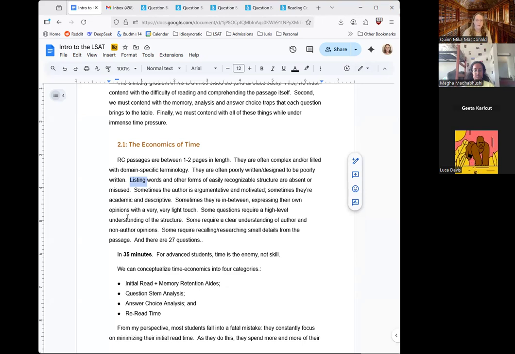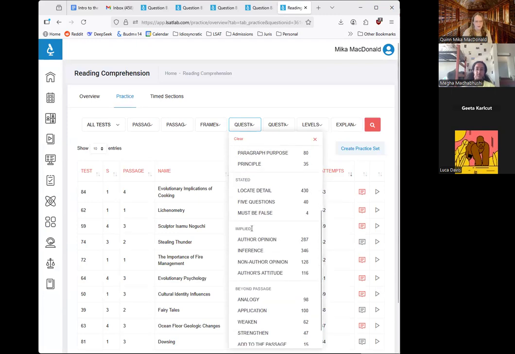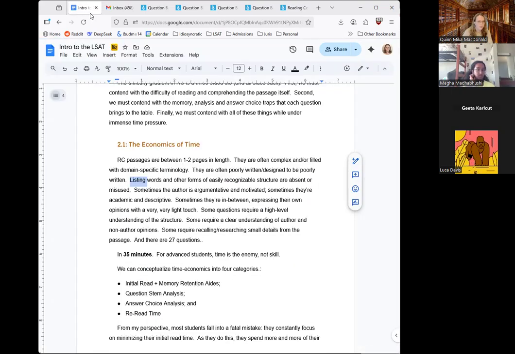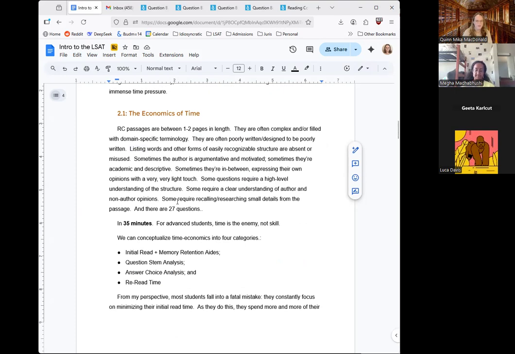The one that has a light touch, that does have a side, but isn't signaling their hand very heavily. That is the type of author that is painful to deal with when we think about these author intent and author opinion and inference questions. So we run the gamut of authors, and we have to be able to adapt and respond to each passage accordingly.